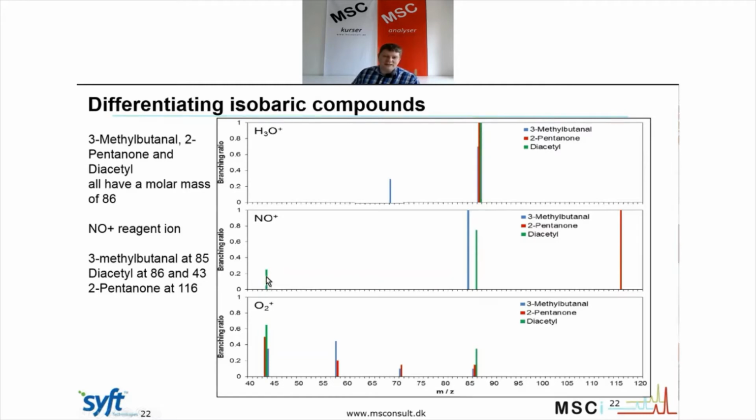We also find it at 43. And then we have 2-pentanone that has adduct formation that we'll find at 116. And that way we can quantify all three compounds in one measurement, and we'll do this all at the same time.